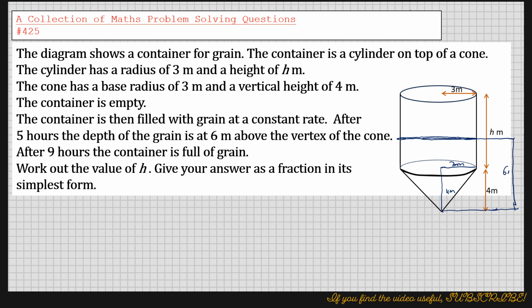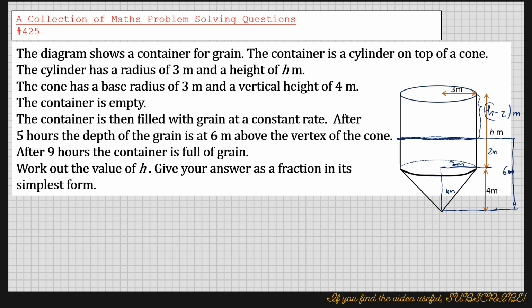So it's the height of the cone, it's filled the cone, plus 2 meters, so 4 and 2 is 6. The part that is not filled yet is this part, and that would be h minus 2 meters. So this is the situation after 5 hours.